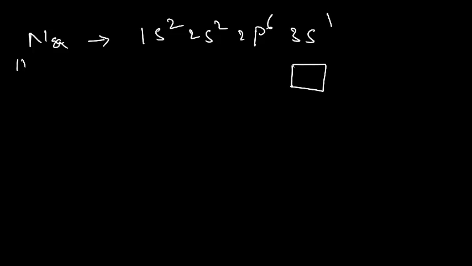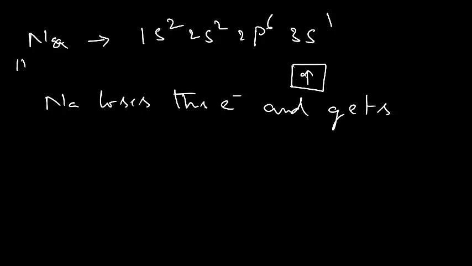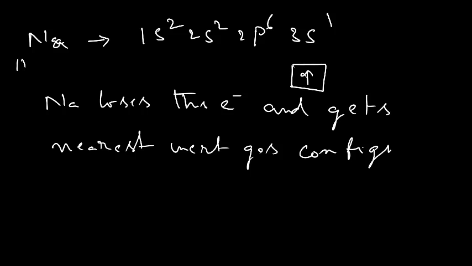Here 1 electron is there in the outer shell, and sodium loses this electron and attains the nearest inert gas configuration. What is the nearest inert gas to sodium? That is neon.